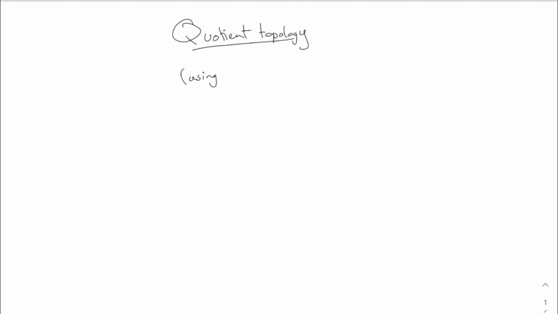I want to talk about the quotient topology using equivalence classes of points. This is something that I mentioned briefly whenever our last real class was, but we didn't really talk very much about it, and I want to talk a little bit more about this point of view on the quotient topology.